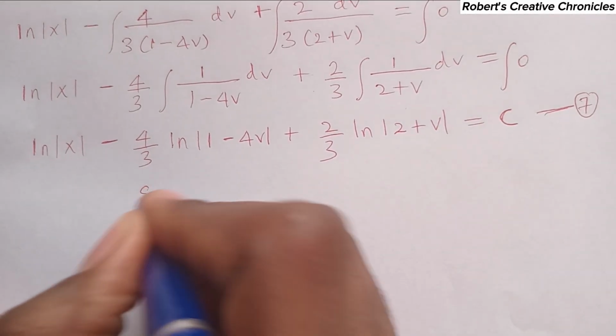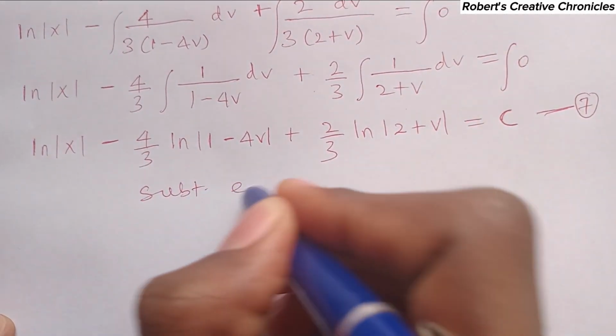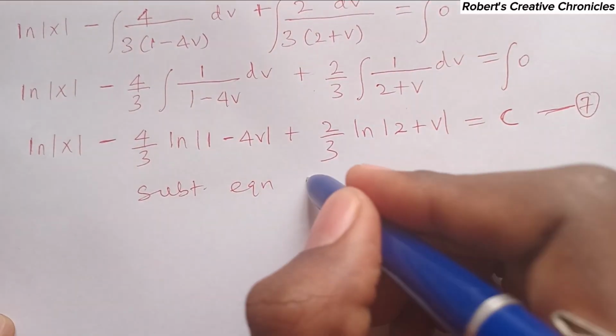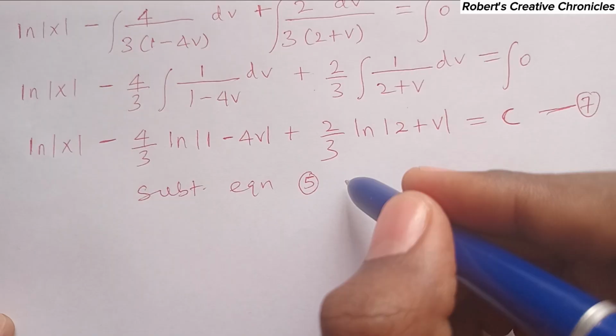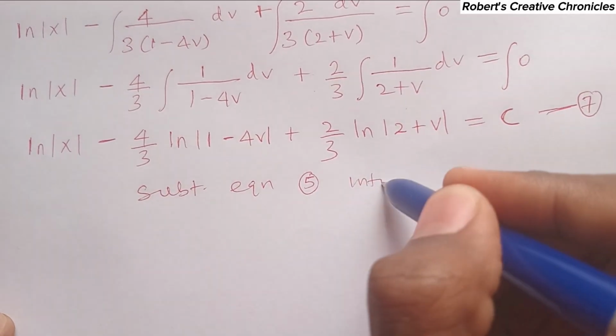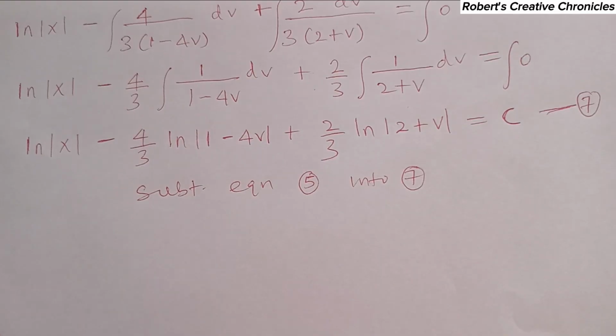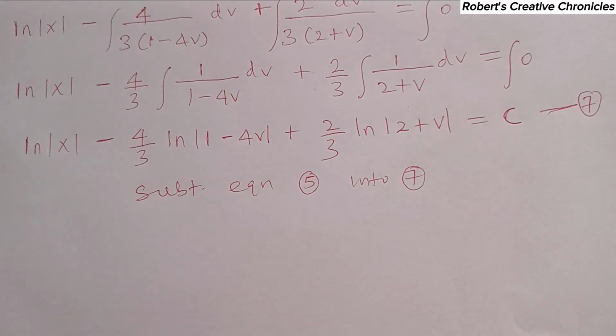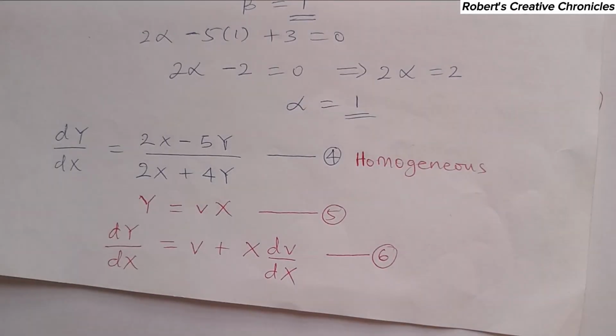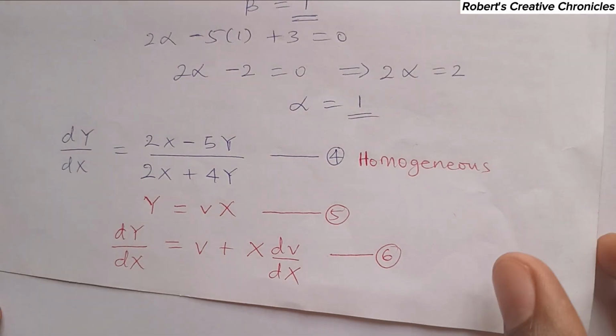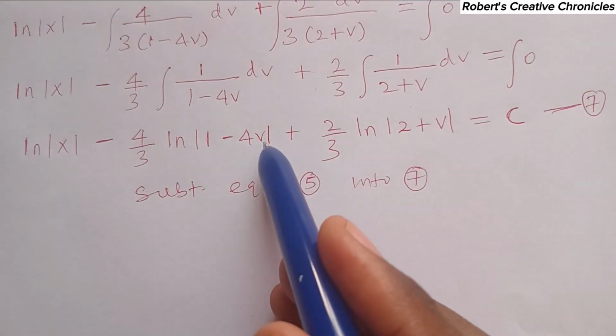So we'll substitute equation 5 into 7. Anywhere we see v, we'll put y over x.